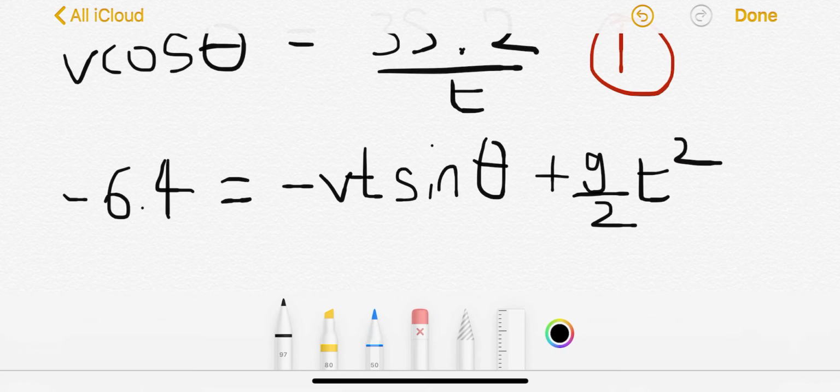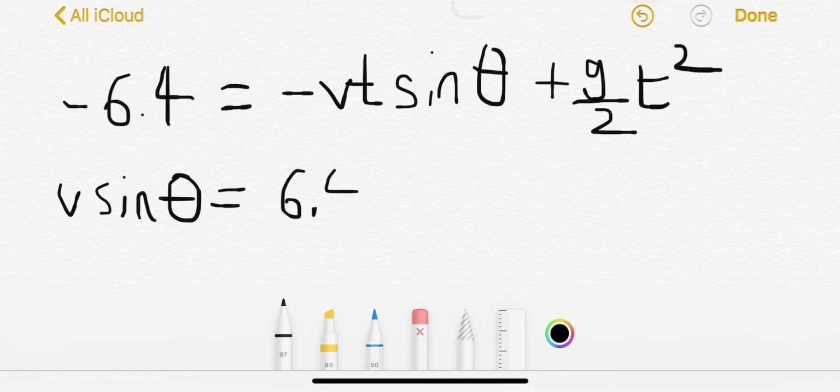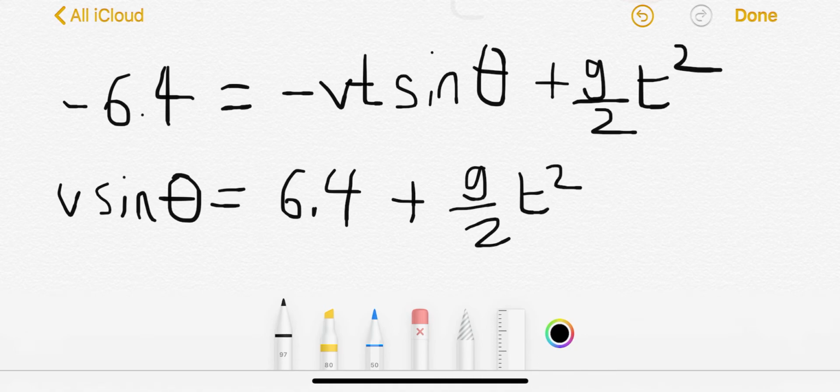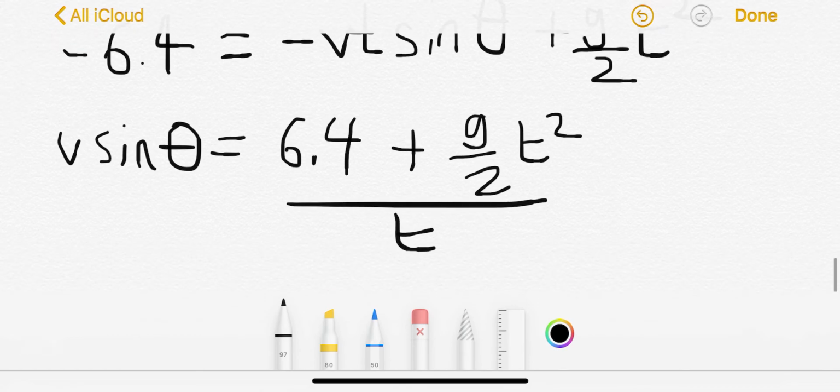So adding V t sine theta to both sides, adding 6.4 to both sides, and then dividing by t, we get V sine theta equals 6.4 plus g over 2 t squared, all divided by t.